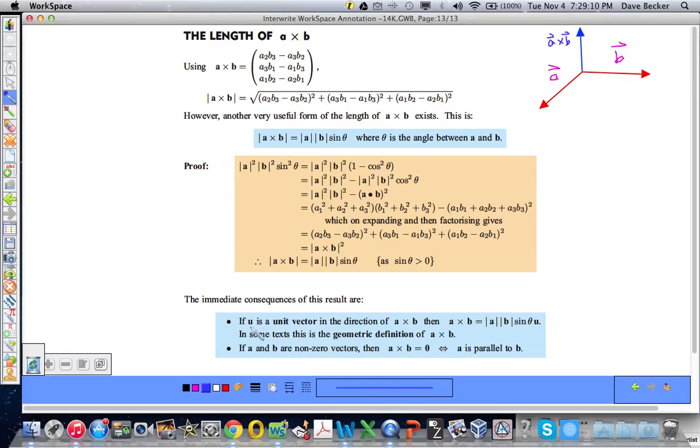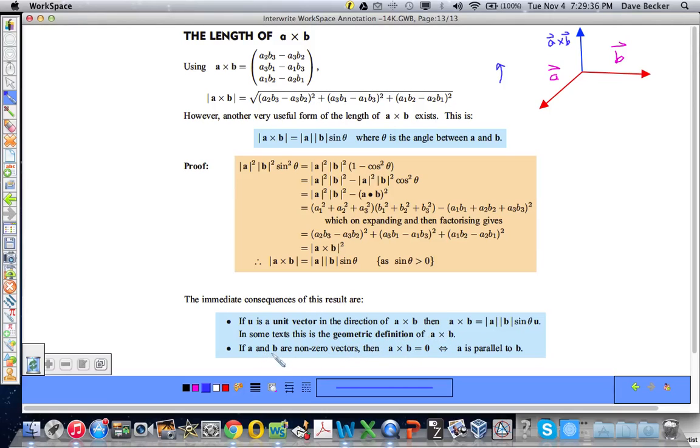Okay. So if U is a unit vector in the direction of A cross B, let's just say this is a unit vector in the same direction, so it has a magnitude of 1. Then A cross B is equal to mag A, mag B times sine theta multiplied by that unit vector U. And some people say that this is the geometric definition of the cross product.